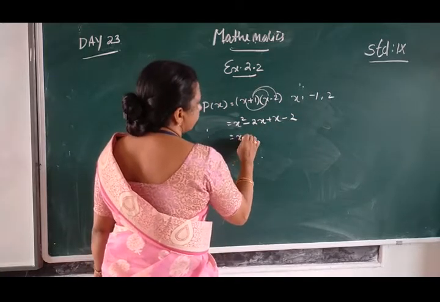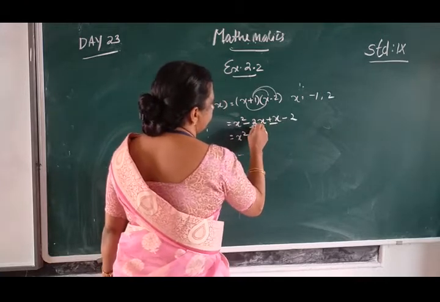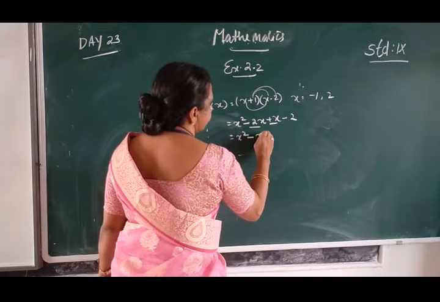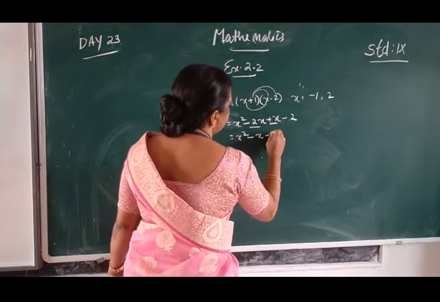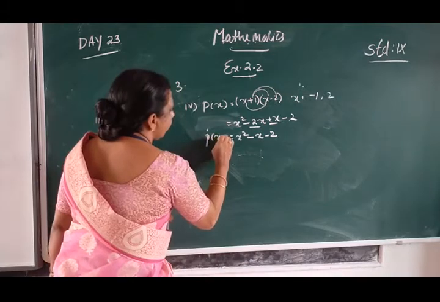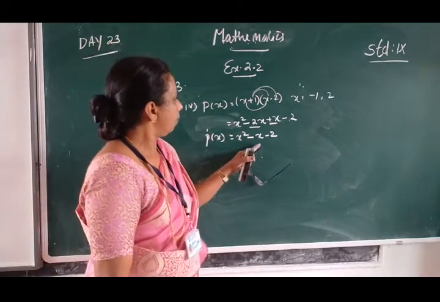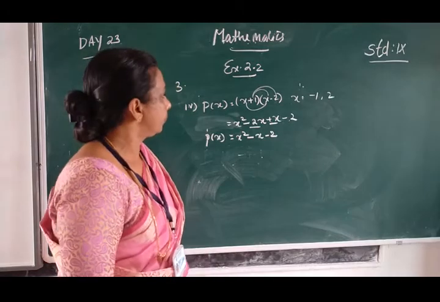That is x square minus 2x plus x, minus 2. Minus 2x plus x we know is minus x. So expanding the bracket, we get p of x is equal to x square minus x minus 2.